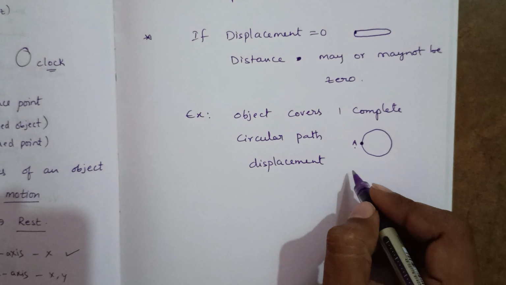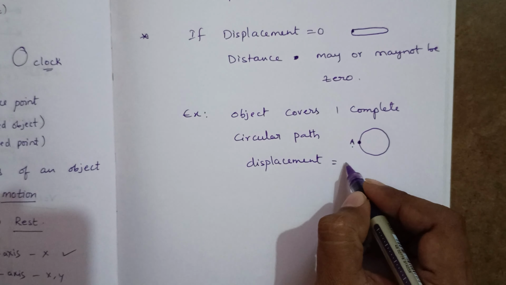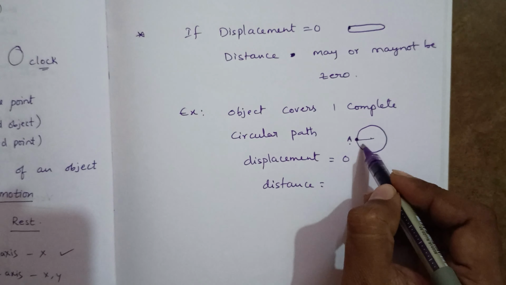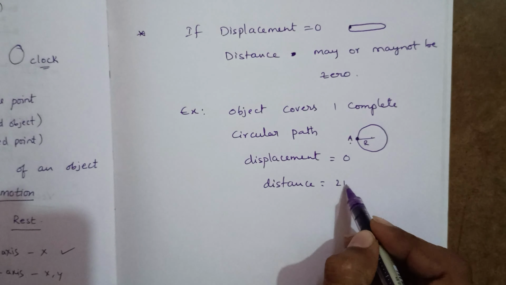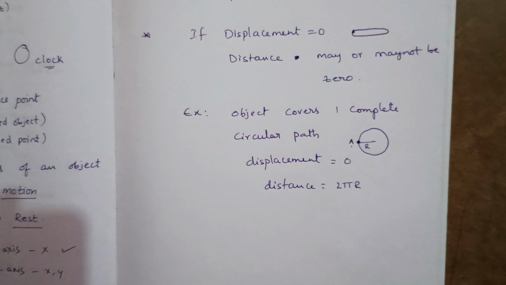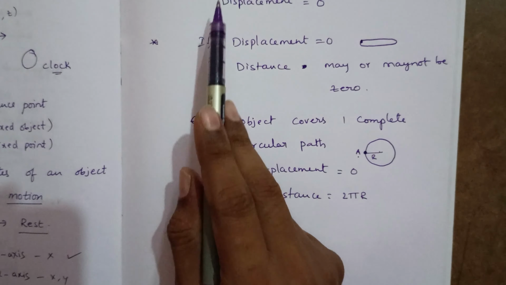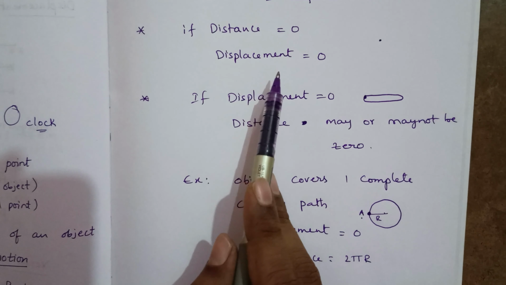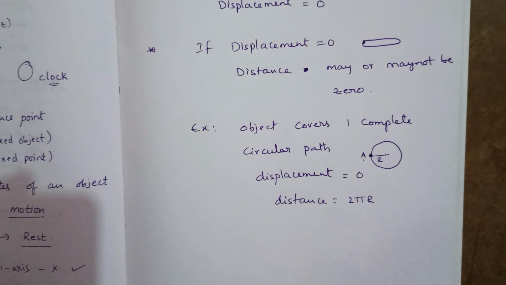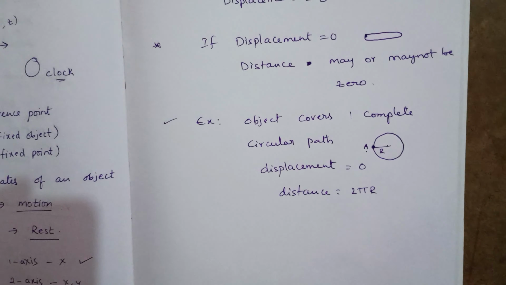So initial point and final point are the same, and displacement equals 0. If its radius is r, 2 pi r is the distance. So whenever distance becomes 0, displacement must be 0. If displacement is 0, distance may or may not be 0. You can take this example.